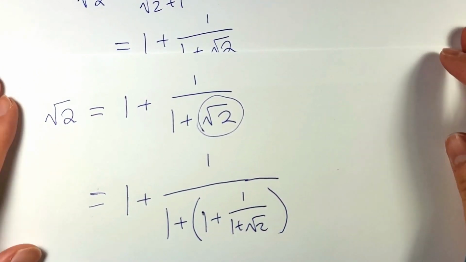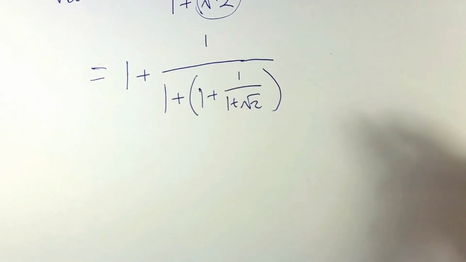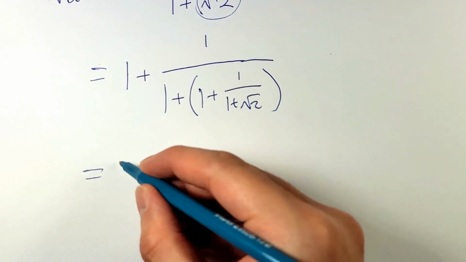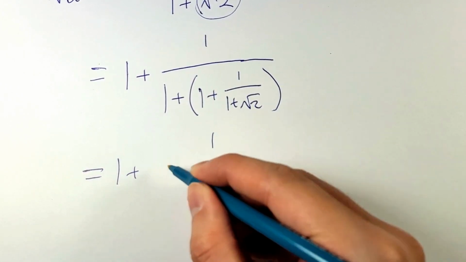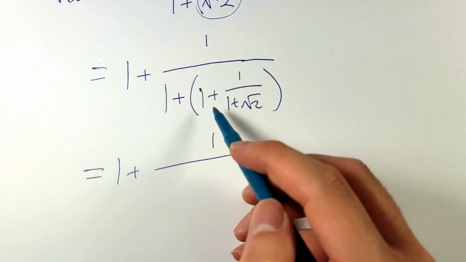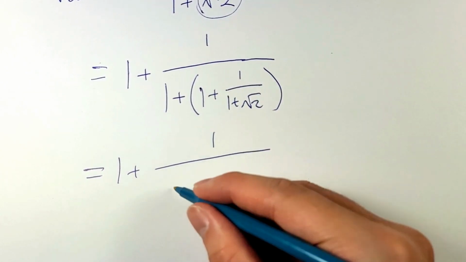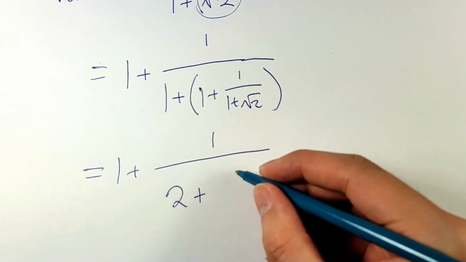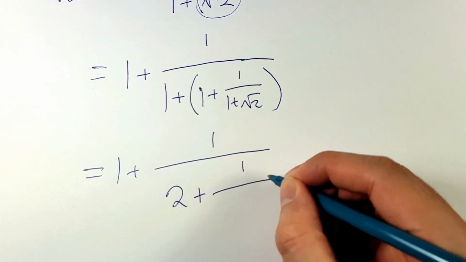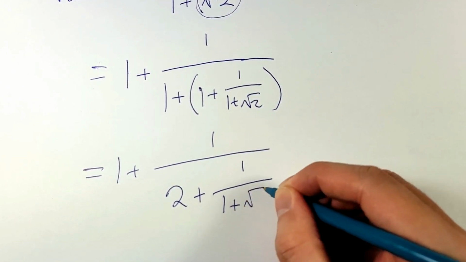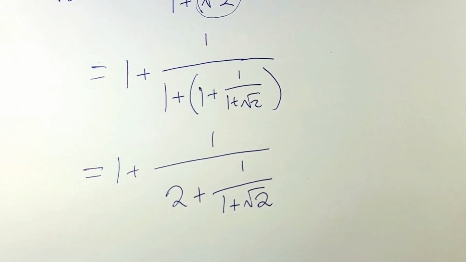So let's simplify this. So I get 1 plus 1 over, and I have these two ones here, so I get 1 plus 1, and this is 2. So I get 2 plus 1 over 1 plus root 2 over here.